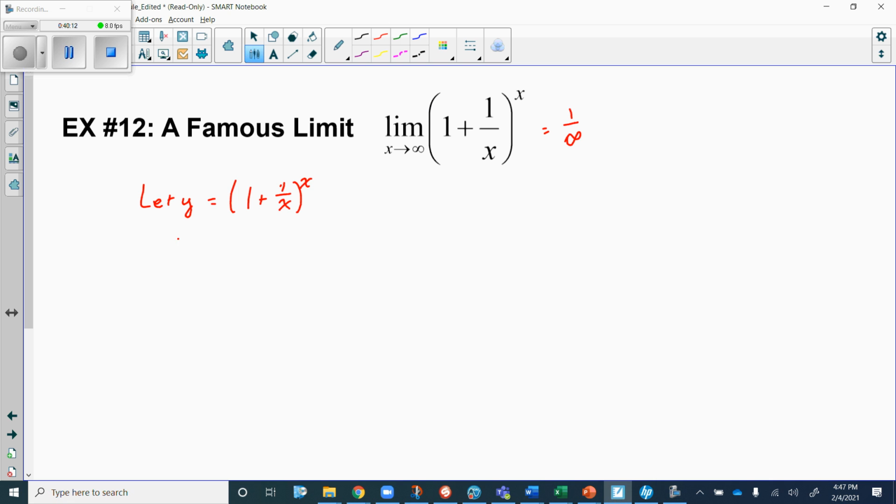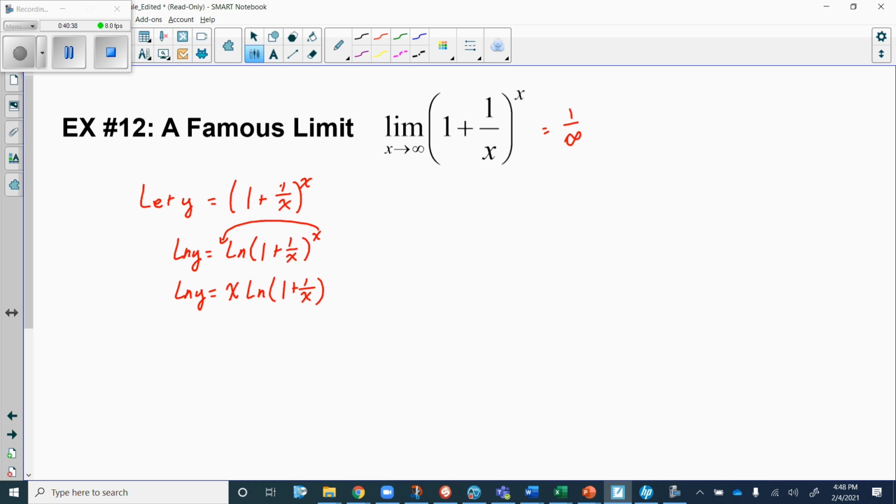So natural log of y will equal the natural log of 1 plus 1 over x to the x power. Properties of logarithms say that I can take this x and move it in front of the expression. So natural log of y is equal to x times natural log of 1 plus 1 over x.